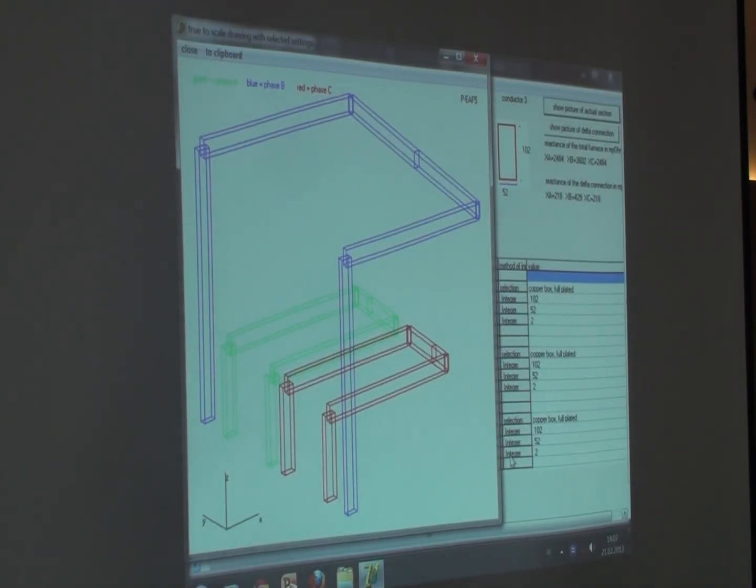Then we have 2 times this, 1 and 2, and we divide through 5.